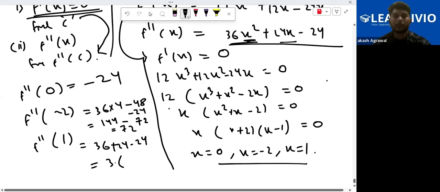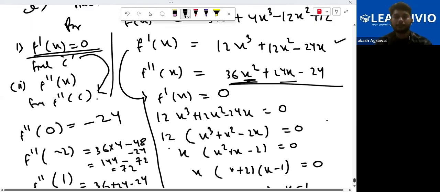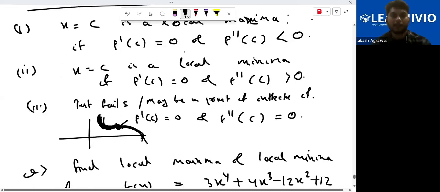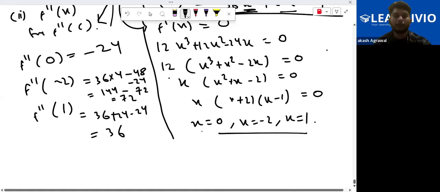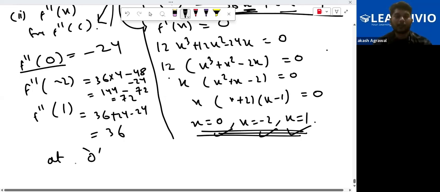So 36. Now if you look at the theorem, if f dash c is 0, that means at all these points, this is true, f dash c is 0 at all 3 points. And if f double dash at that point is negative, then at x equals to 0, we have a local maxima.